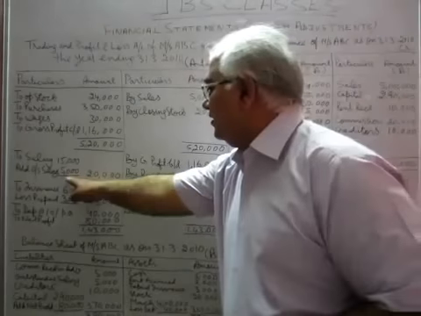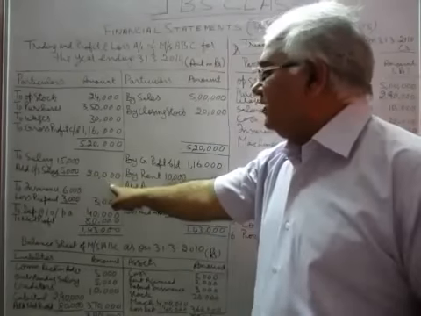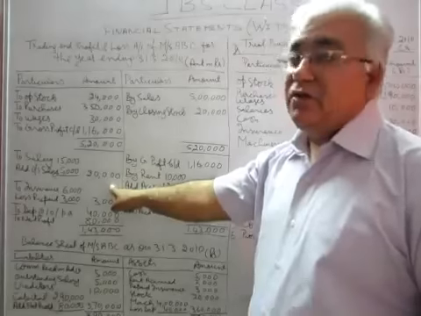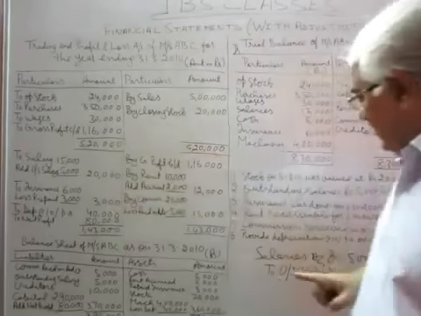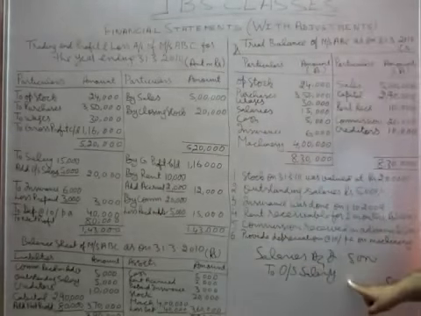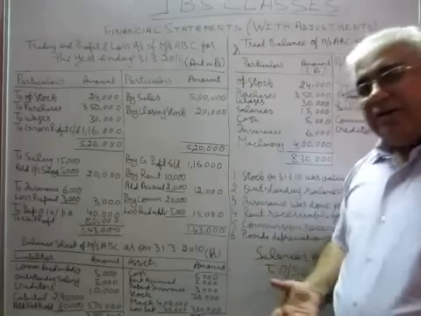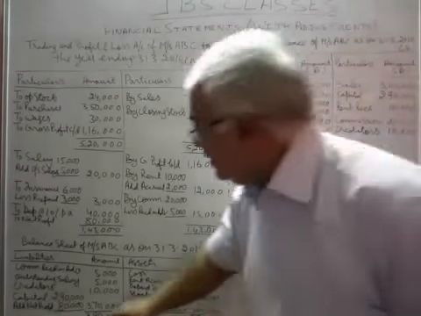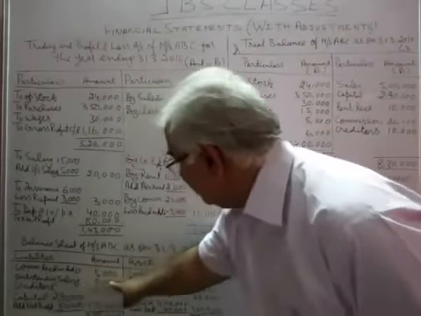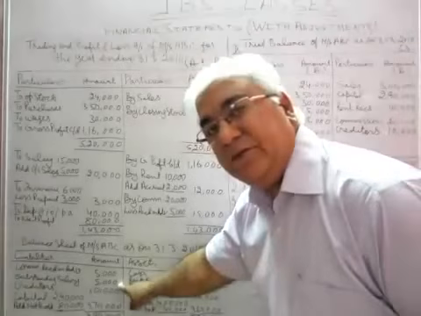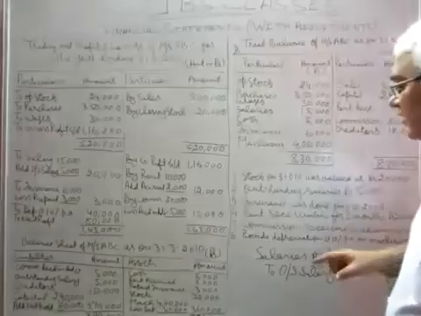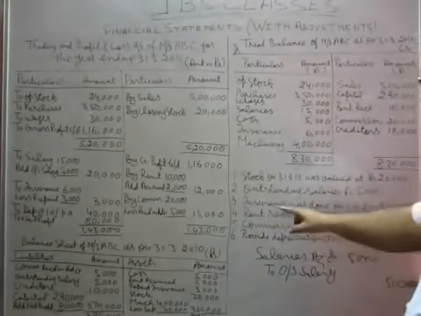This has been added here, and net effect is we are debiting P&L with 20,000 rupees. And this new account which has come into existence, outstanding salaries for 5,000, will be shown on the liability side of balance sheet. That is outstanding salary 5,000. Okay. Now, what is our third adjustment?